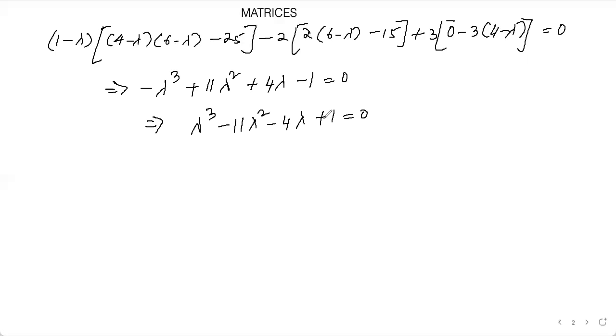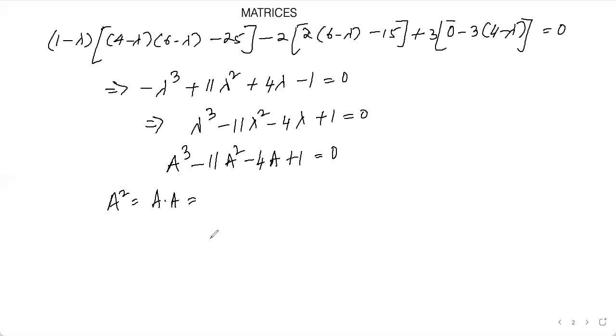That would be A cubed minus 11A squared minus 4A plus I, which is equal to 0. First let us calculate A squared, which is A multiplied into A.